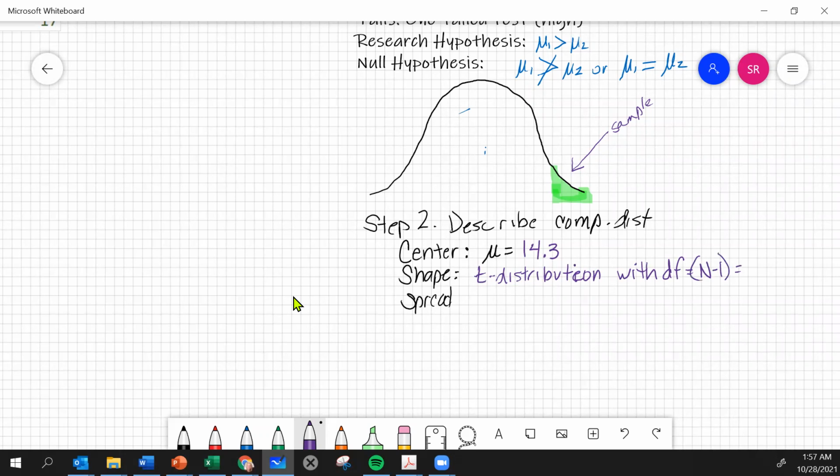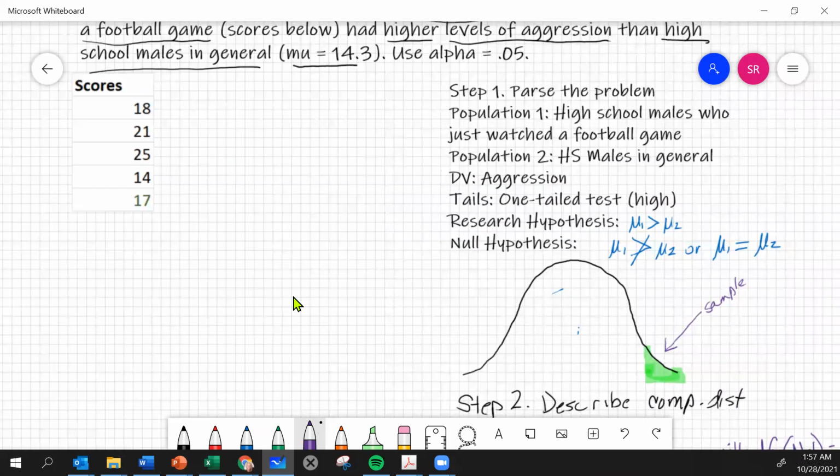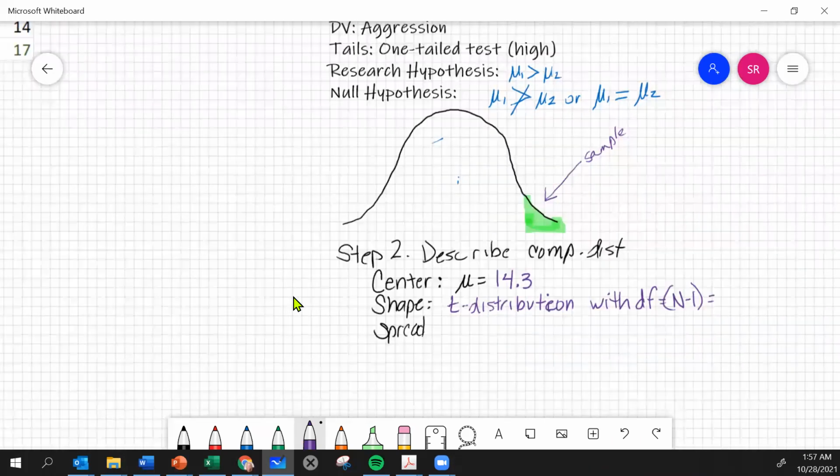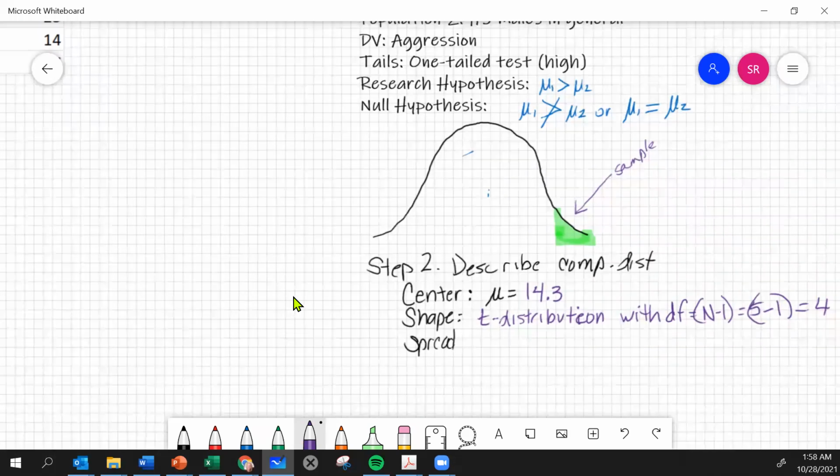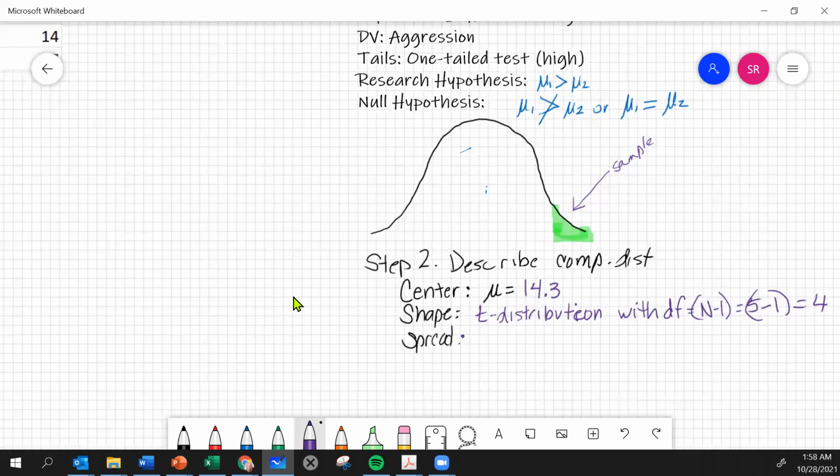In this sample, we have 5 scores, 1, 2, 3, 4, 5, for each of those different males that were tested, and 5 minus 1 equals 4. So that's the distribution we're going to use. We're going to have to look up the value for that. And for the spread, we're just looking for the estimated standard deviation for the distribution of means.